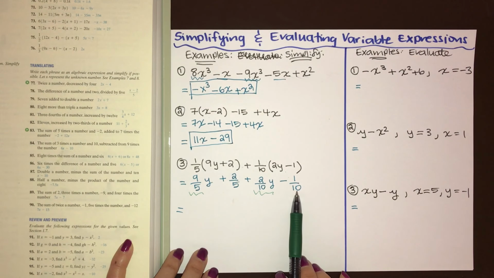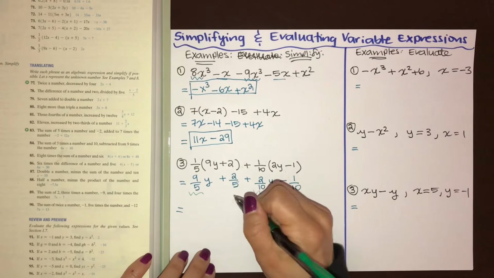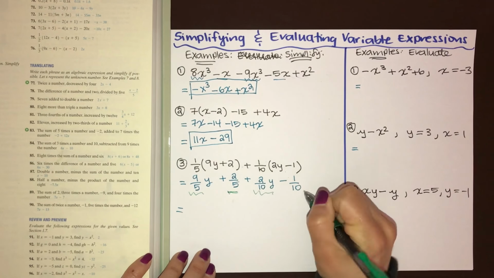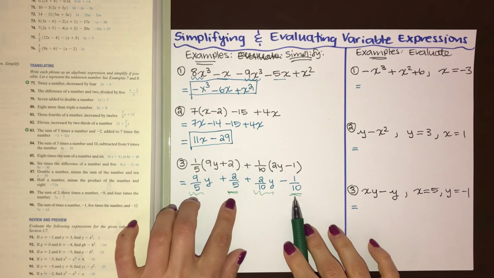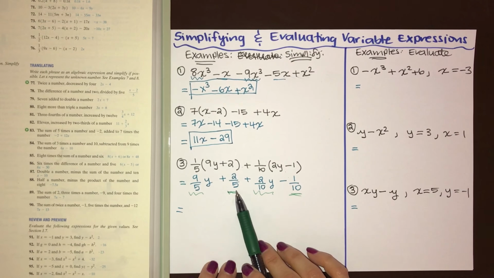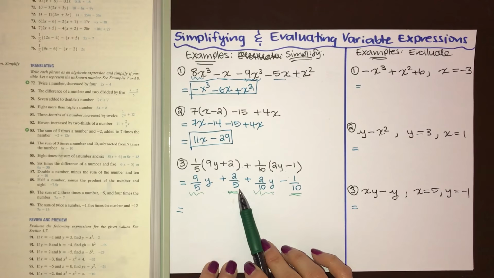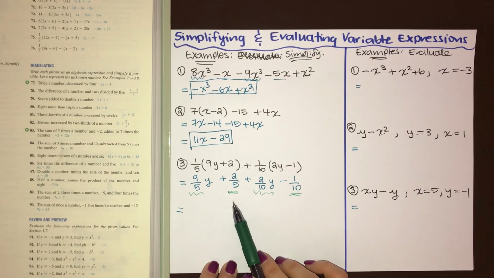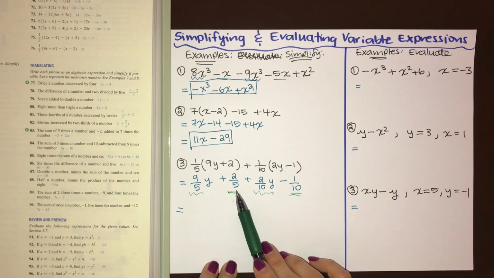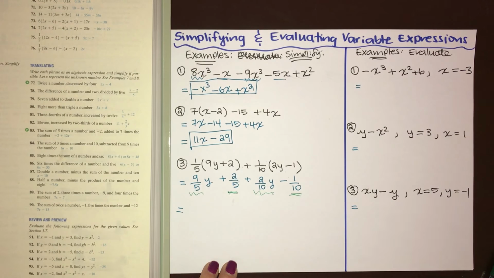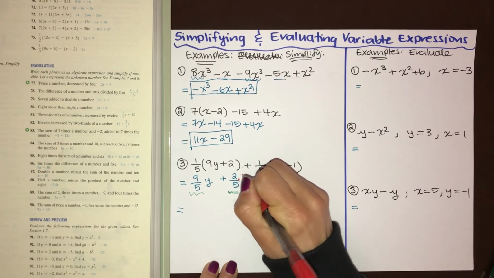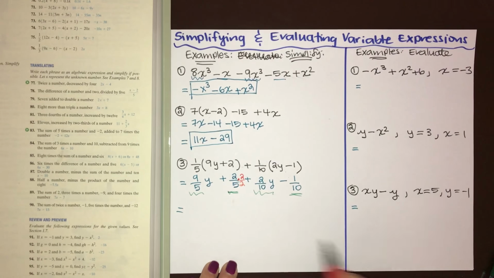The next 2 like terms, we will have to get a common denominator. Between these 2, the common denominator is 10, and so you do have to multiply 2 over 5 by 2 over 2 to make this denominator 10. So remember, we need to multiply here by 2 over 2. That way we get 10 in the denominator.